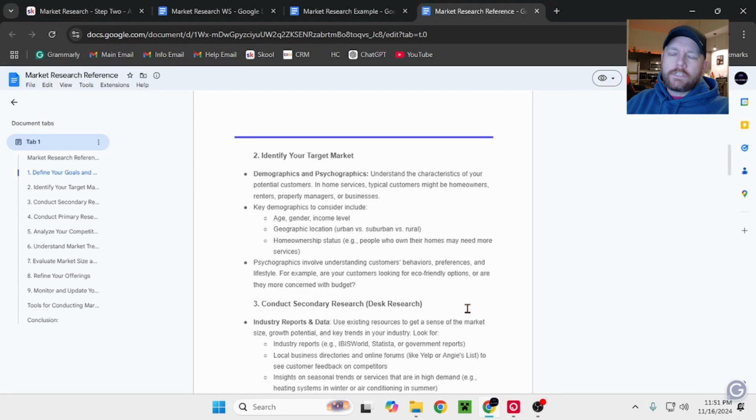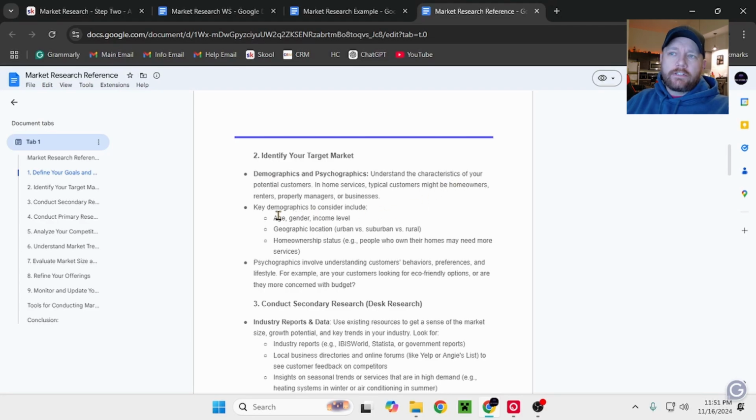Okay. So we're going to identify the target markets. First, we're going to look at their demographics and their psychographics, and decide what characteristics a potential customer has, what typical customers might be, if they're renters, property managers, businesses, things like that. If they're just homeowners, what are their demographics?